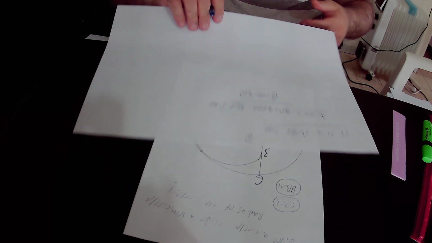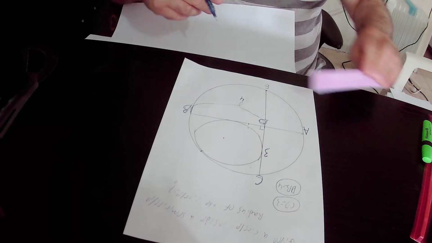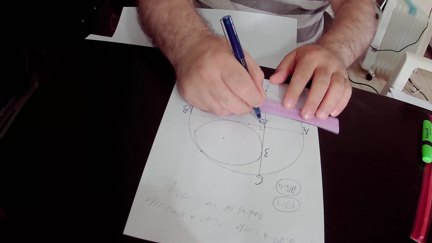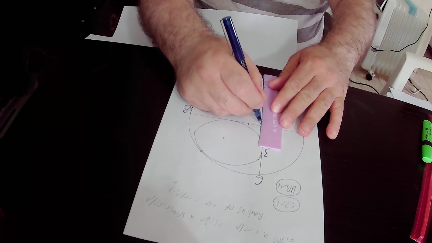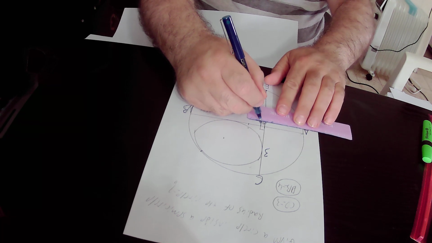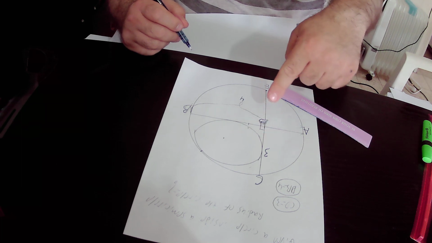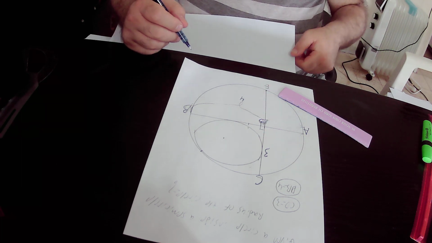So we found out that this angle EDB equals 90 degrees, it is a right angle. So here angle CDB equals 90 degrees and angle EDB also equals 90 degrees.